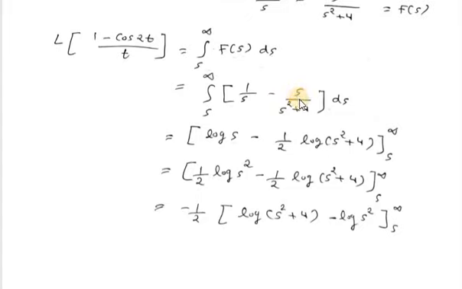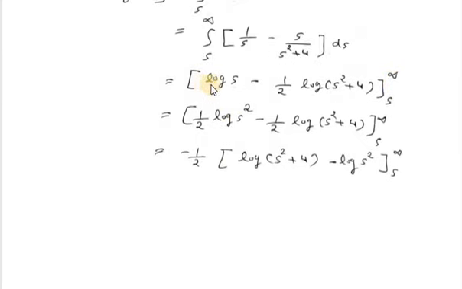Now you can apply the formula of integration: integration of f dash x over f x becomes log f x. So minus half as it is, and integration of 2s over s square plus 4 becomes logarithm of s square plus 4, and the limit is from s to infinity. Now writing this one as 2 by 2, and 1 by 2 stays as it is.